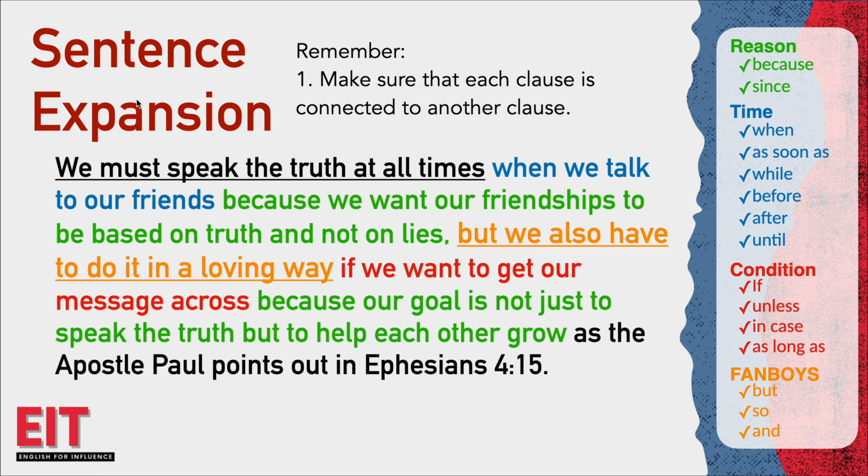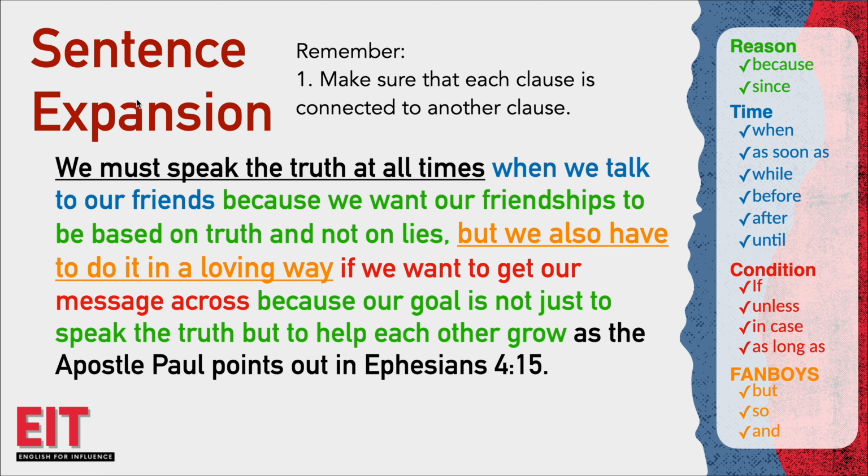Then, if we want to get our message across, is connected to where? That's right, our second independent clause, but we have to do it in a loving way. Because our goal is not just to speak the truth, but to help each other grow. Where's that connected?